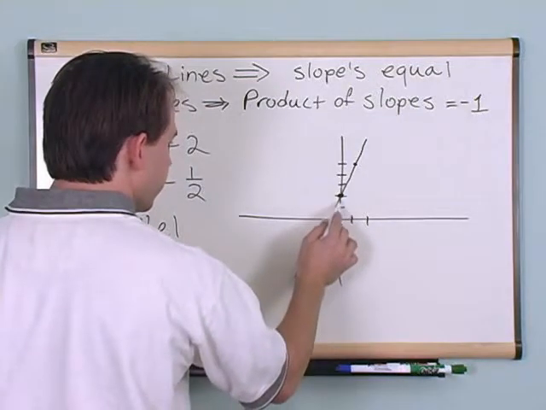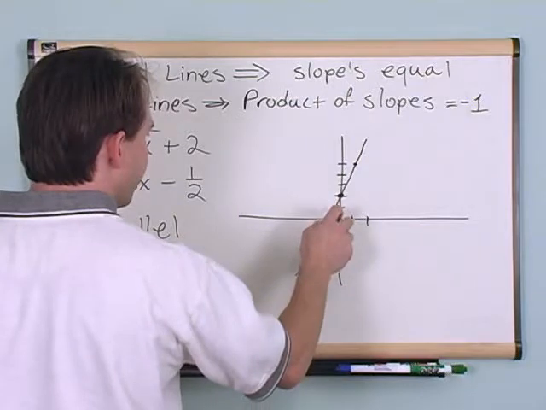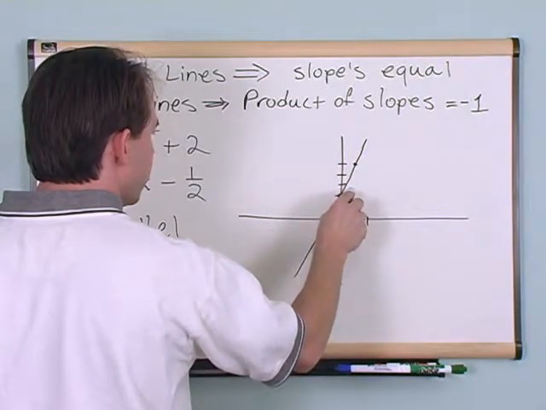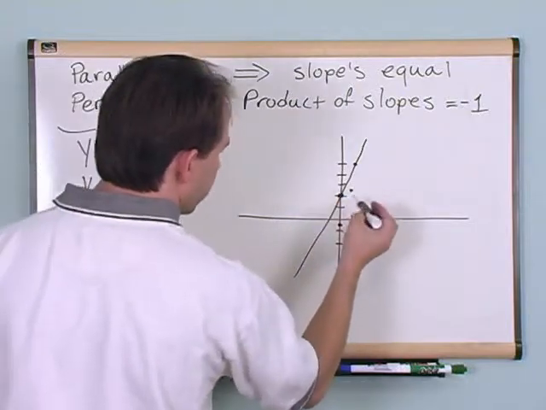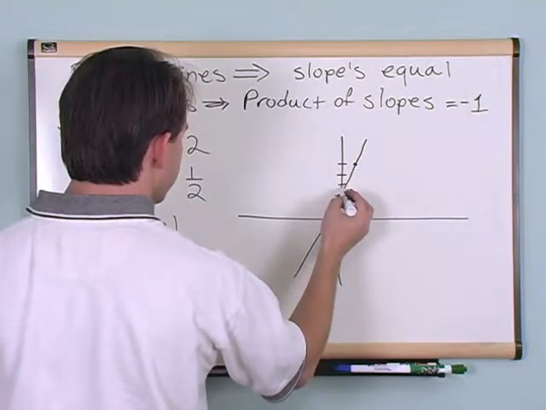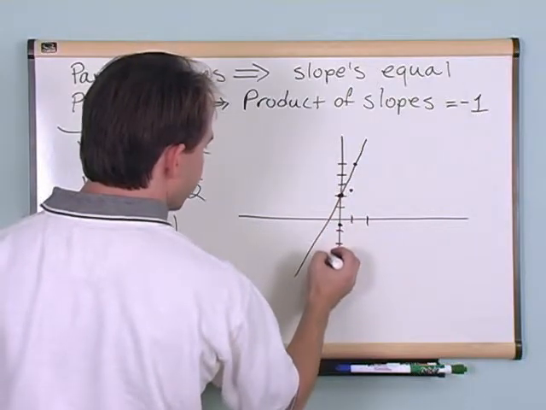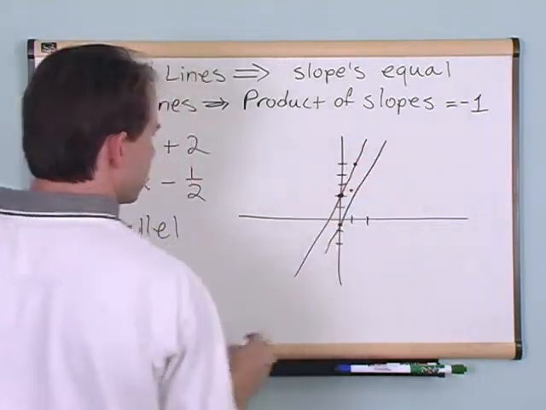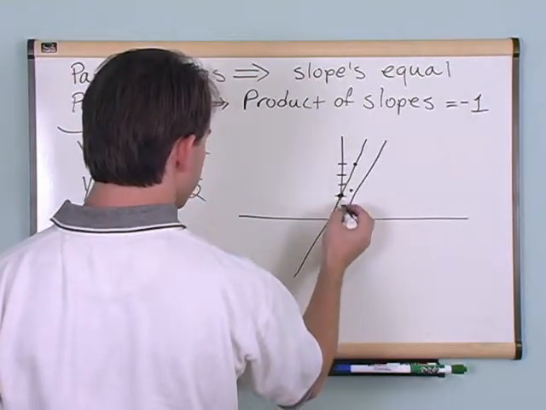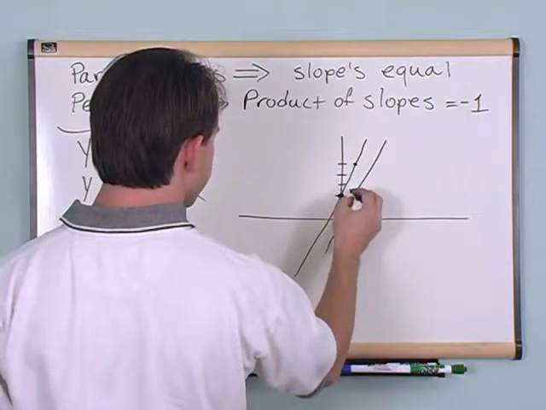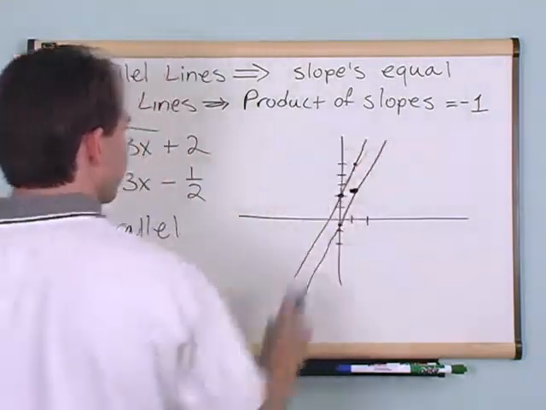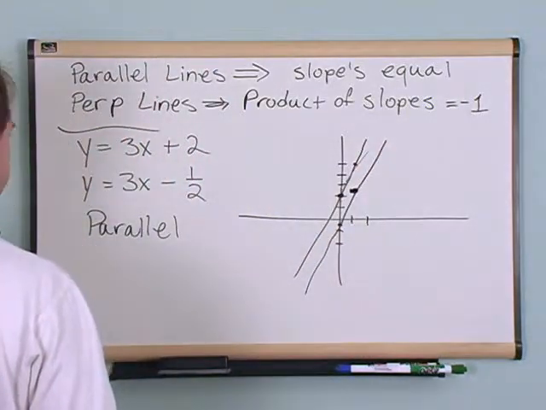So 1, 2, 3 over 1 is right here. If I draw it very carefully, it doesn't look exactly right, I think I just made my point a little bit off there. Then you've got your two lines that are parallel.